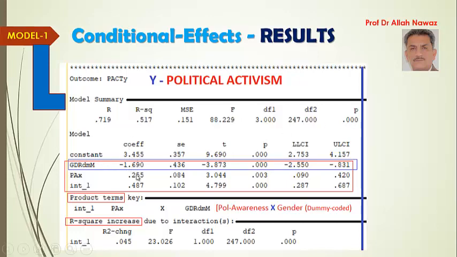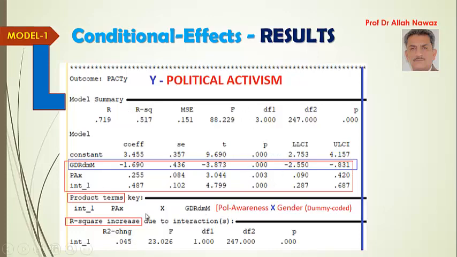In the coefficients result, we can see that gender is negatively and very hugely connected with the Y variable, holding 1.69 as the coefficient score. It is significant with a t-score of 3.8, which is far greater than the required limit of 1.96.